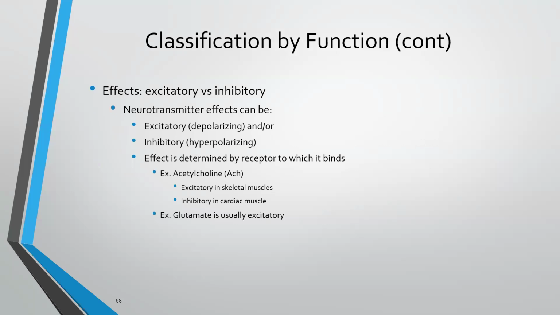When their effects are excitatory, this is when depolarization happens. And when they're inhibitory, this is when hyperpolarization happens. And the effect's determined by the receptors to which it binds. So acetylcholine is excitatory in skeletal muscles, but it's inhibitory in cardiac muscles.